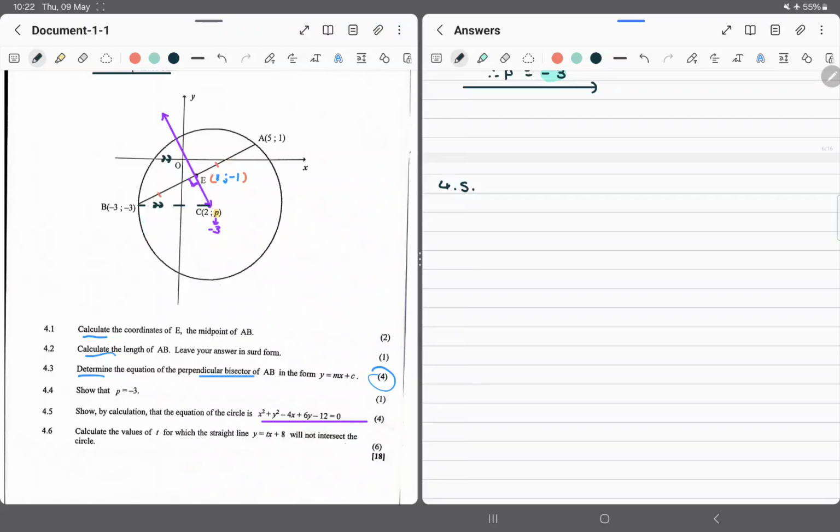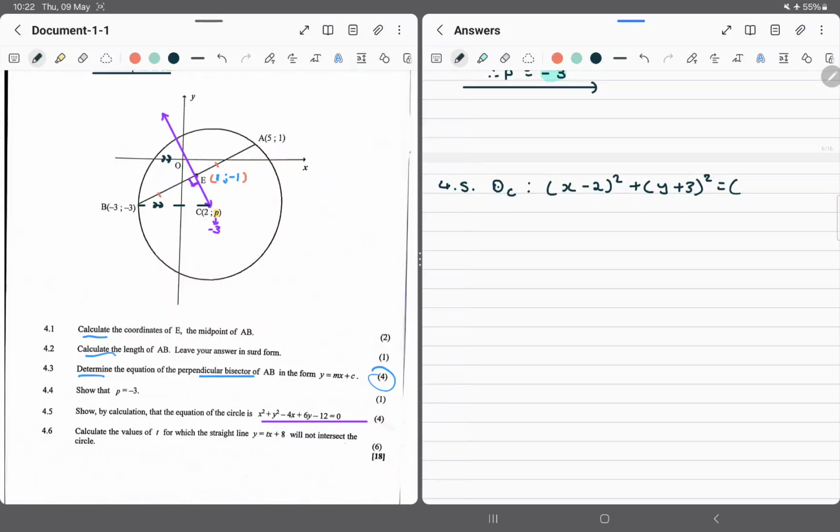So it makes life easy, guys. You see, when you realize certain things, now you don't need the distance formula again. You just use what is in front of you. So we know that the circle center C is such that it's going to be x minus 2 all squared plus y plus 3 all squared equals.